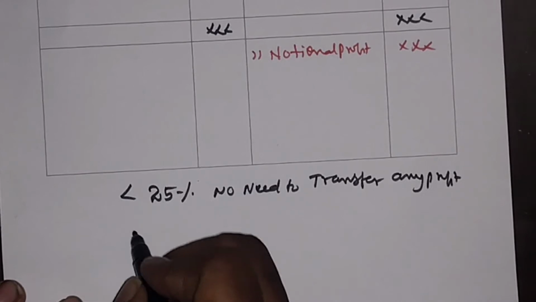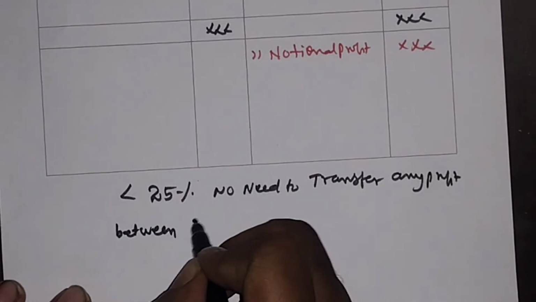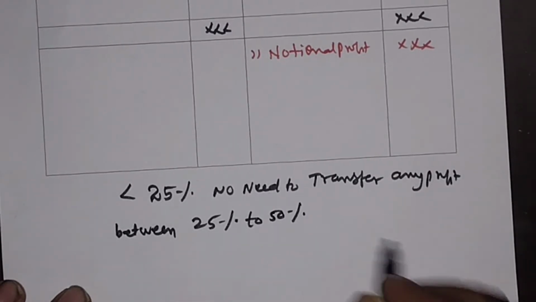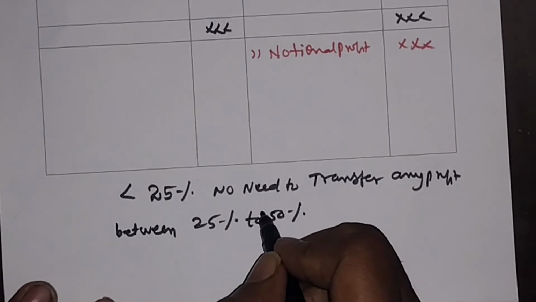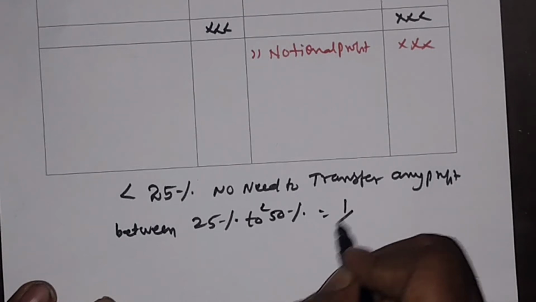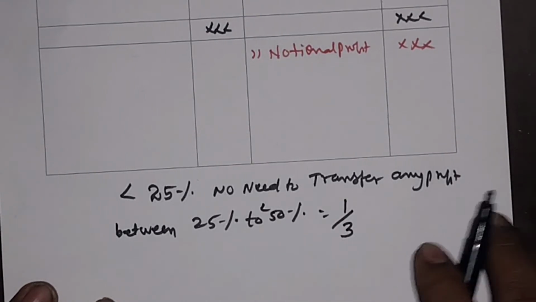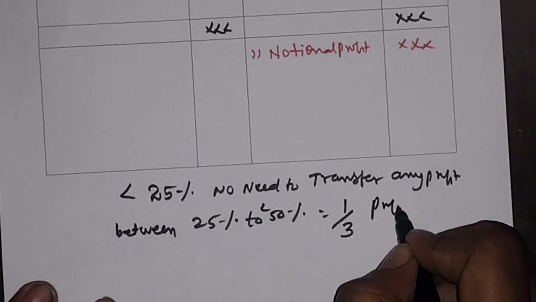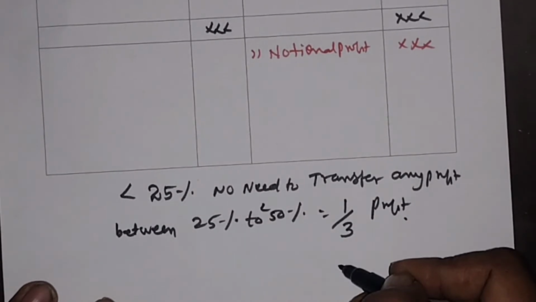If the work is between 25% and less than 50%, one-third of the profit will be distributed, after some calculation.